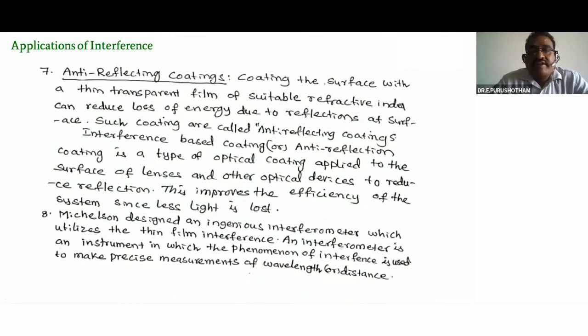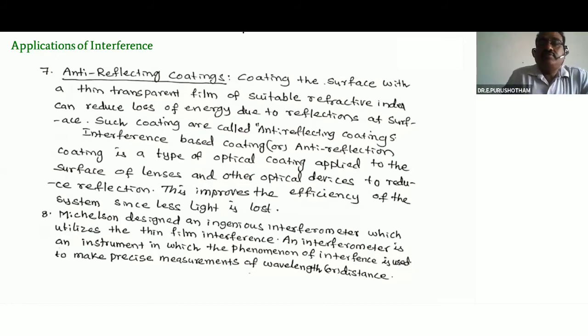Seventh point: the interference pattern is used in anti-reflecting coatings. What is an anti-reflecting coating? Let us take some film, and some refractive indexed paint is painted on the film. It reduces loss of light energy passing through this thin film. Such coatings are called anti-reflecting coatings.